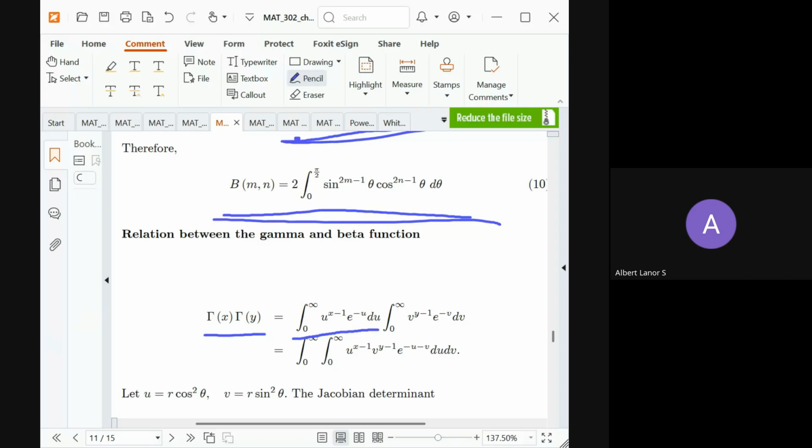So if you merge it, you're going to have this function here. You're going to have a double integral from 0 to infinity, 0 to infinity. And then you put the e's together. The e's will be e to the minus u minus v, du dv.